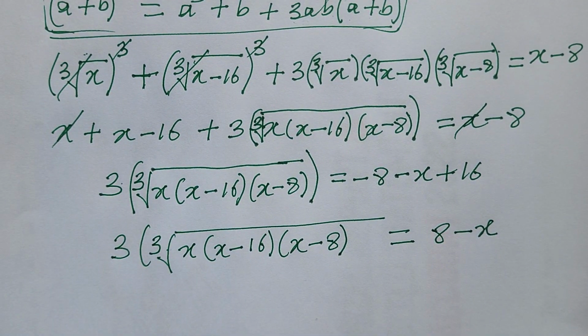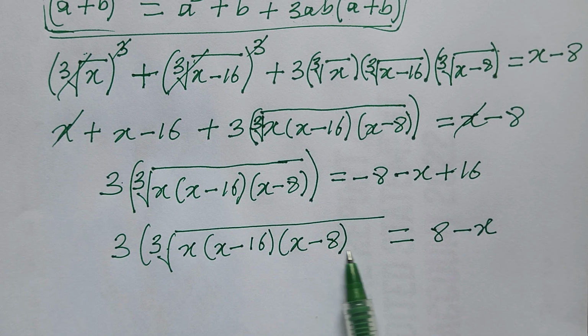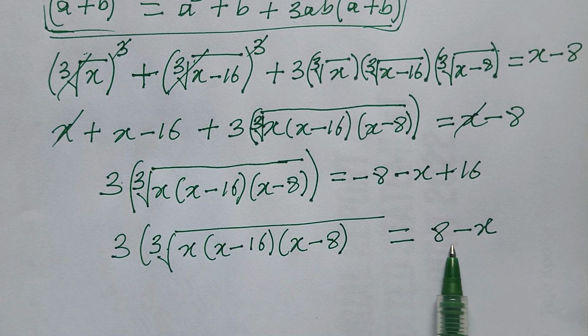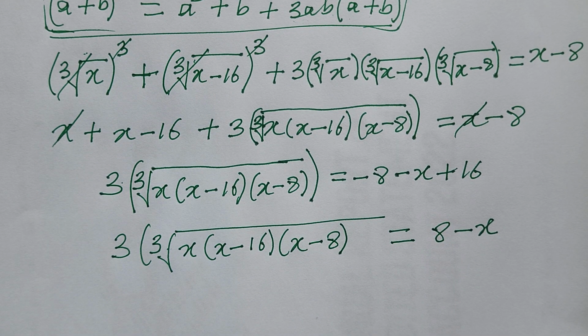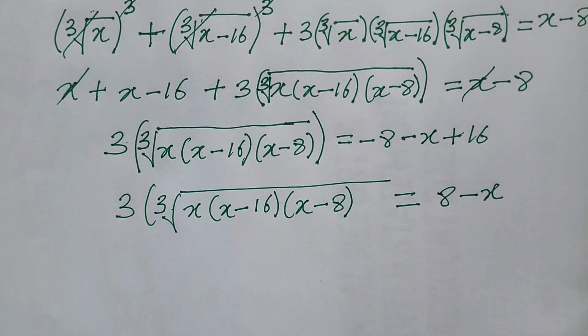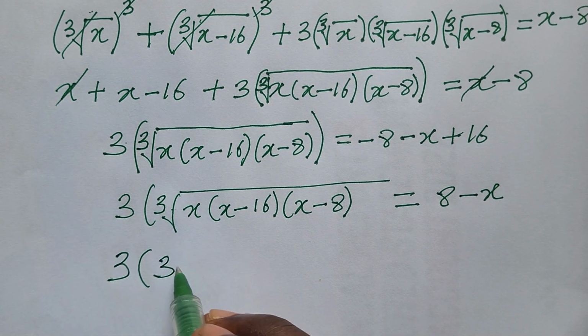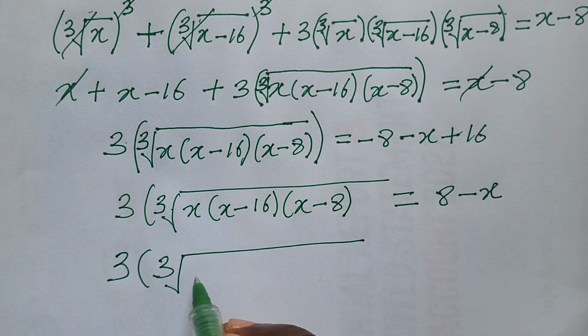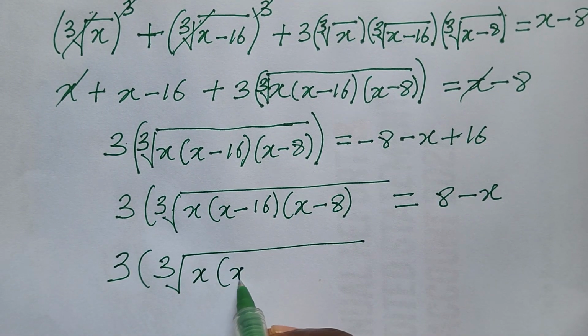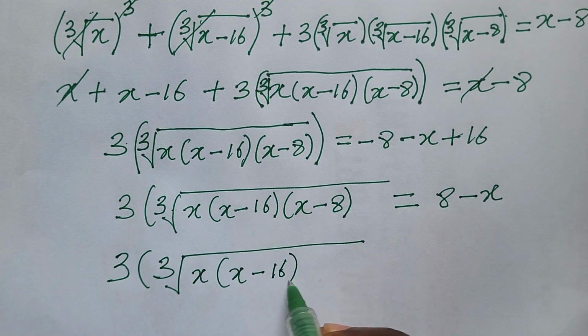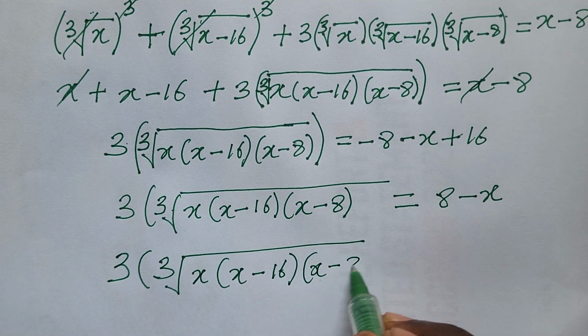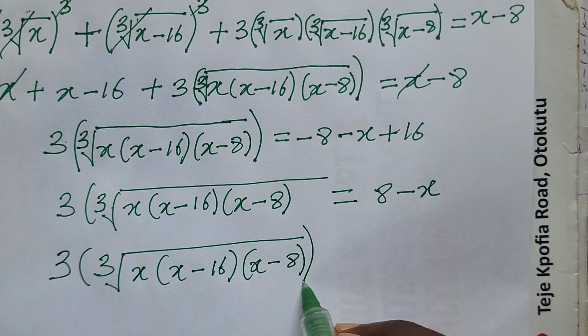Now, if you look at this, you discover that here we are having x minus 8. So I want to bring x minus 8 on this side of the equation. Can we do something like that? Yeah, very easy. It's just a matter of rewriting this. So that can be expressed as 3 bracket the cube root of x bracket x minus 16 bracket x minus 8 bracket close.